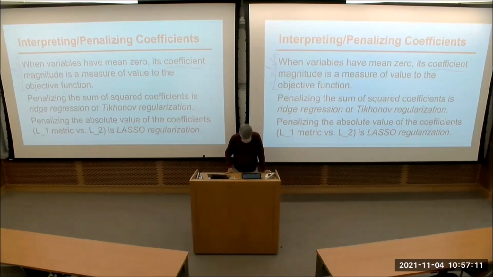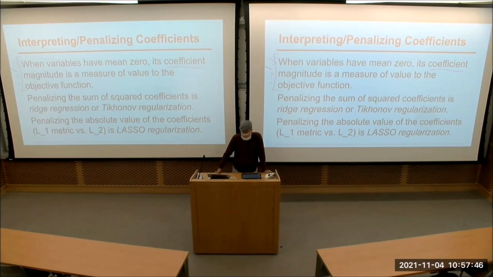Having a positive coefficient means that variable presumably correlates with the target. A negative coefficient presumably means that it is inversely associated with the target.